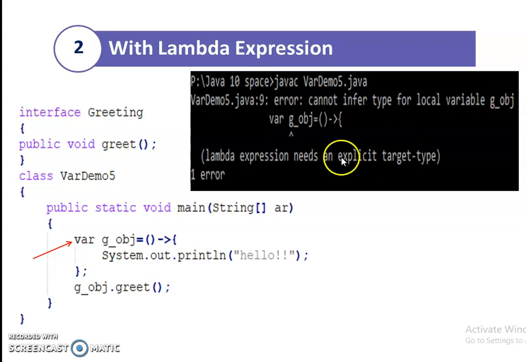Here g_obj is of type var, and var keyword is not allowed with lambda expression. It will throw this error, cannot infer type for local variable, right? So with lambda expression we cannot use var keyword, right?